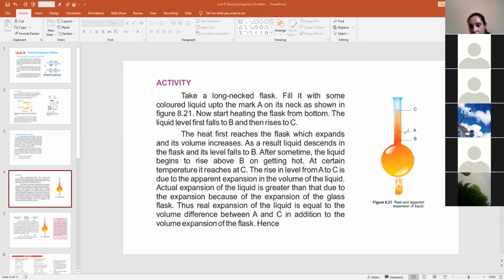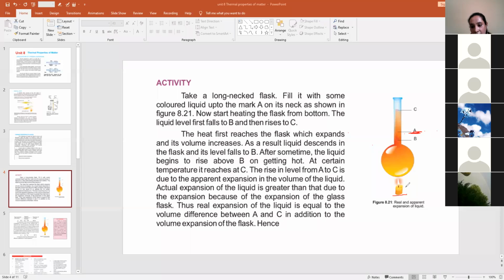As shown in the figure, a red-orange colored liquid is filled in this flask, and we place the liquid till point A, right? We have to place the liquid till here. Now we note that the initial level of the liquid is at point A. The next step is that we have to heat this flask.